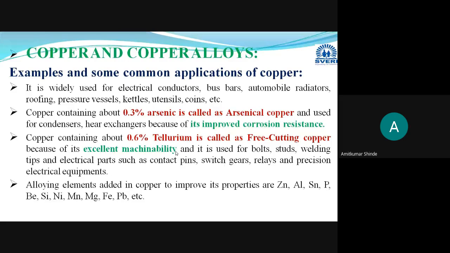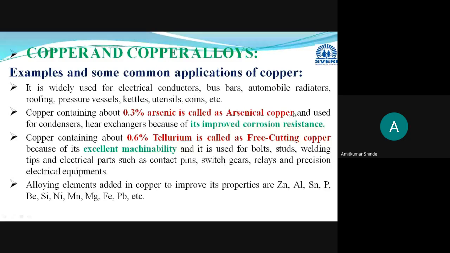Now I have taken two examples here. Whenever you add 0.3% arsenic to copper, that copper is termed arsenical copper. Due to the addition of this 0.3% arsenic, the corrosion resistance of the copper increases.